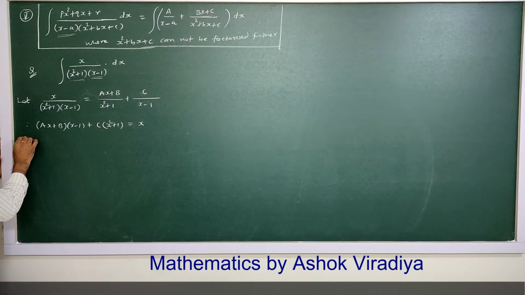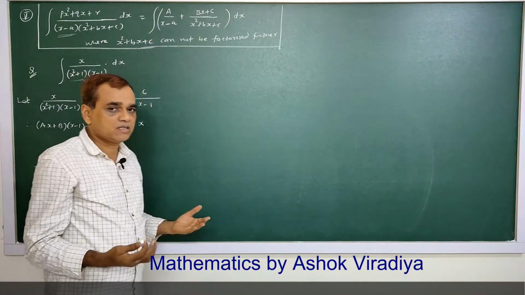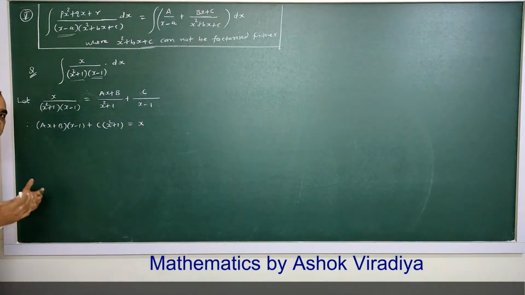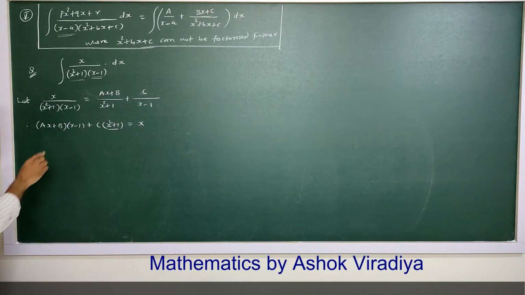Now we choose appropriate values of x, so that by minimum calculation we can get the values of a, b and c. Here a zero value is not possible. Here it is possible. So first of all we take x equal to 1.